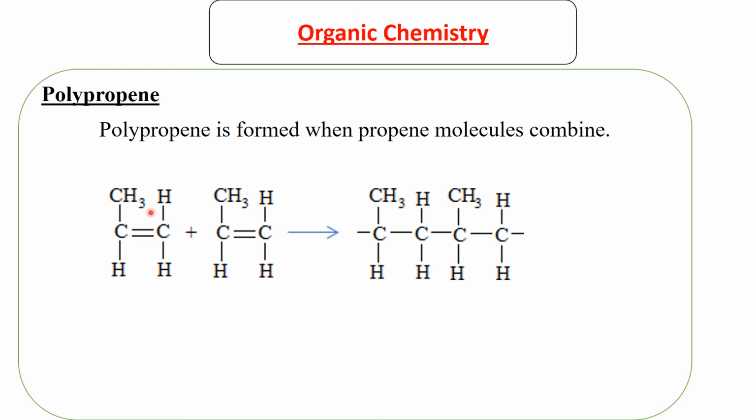This is one of those isomerism kind of arrangement where the carbon has been written here, but it is propene because it is made of 3 carbon atoms and 6 hydrogen atoms. So this propene, when they combine in the same way as I had explained, they form polypropylene. The uses of polypropylene include making pipes and packaging.